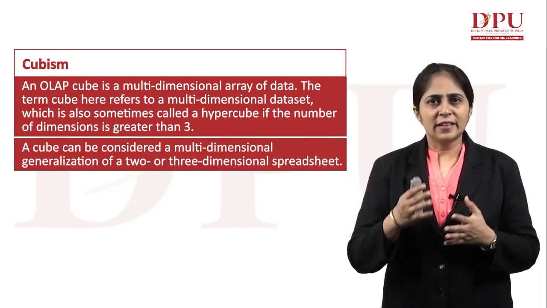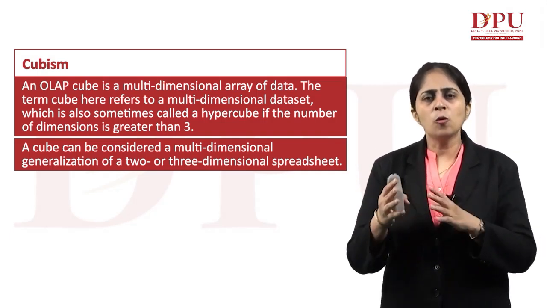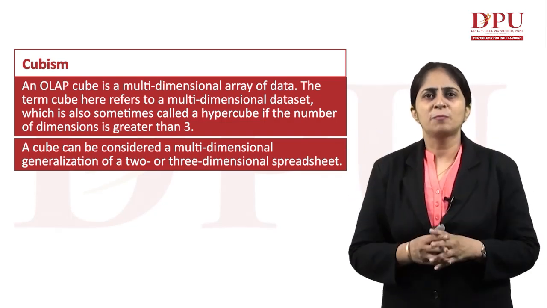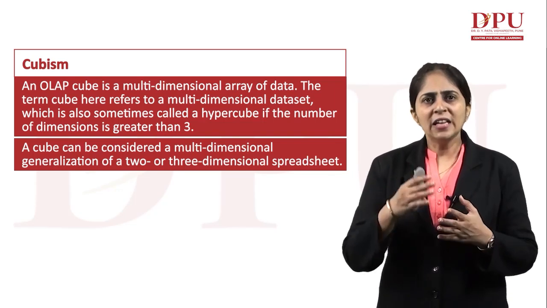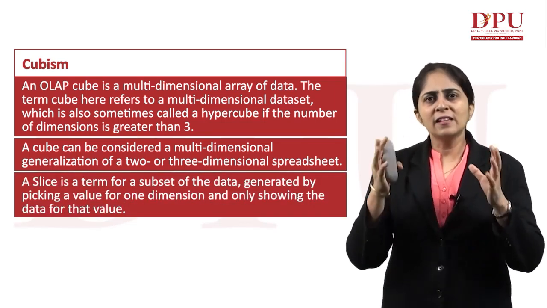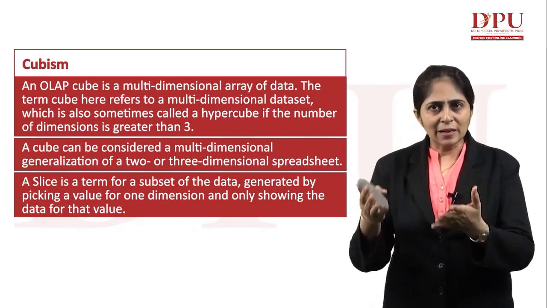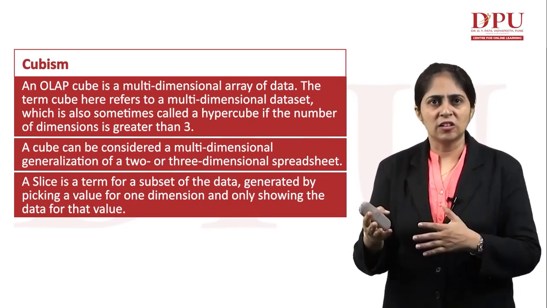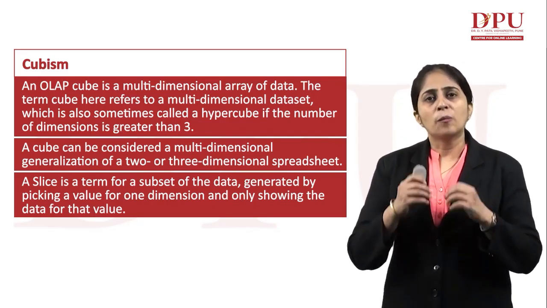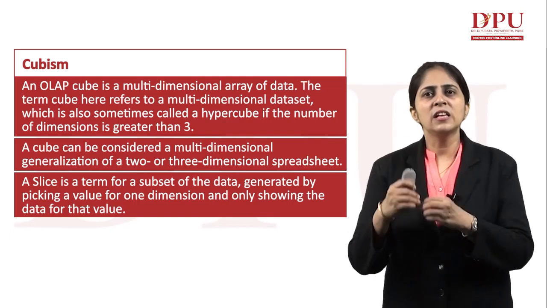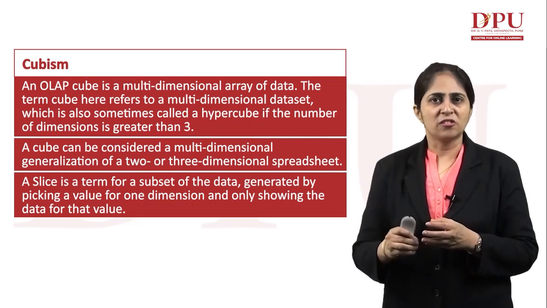A cube can be considered a multi-dimensional generalization of a 2 or 3 dimensional spreadsheet. For example, a company might wish to summarize financial data by product, by time period, or by city, to compare actual and budget expenses. The product, the time, the city and the scenario are all data dimensions.